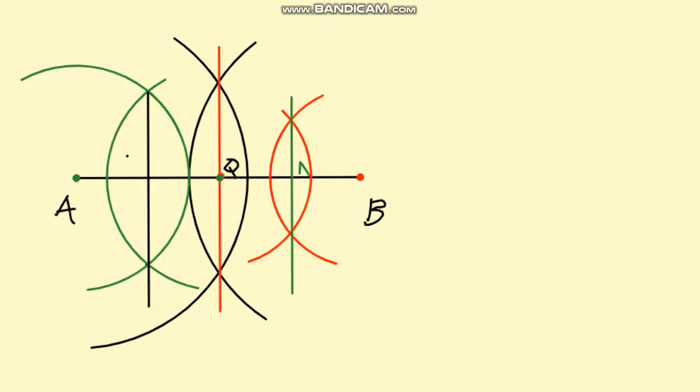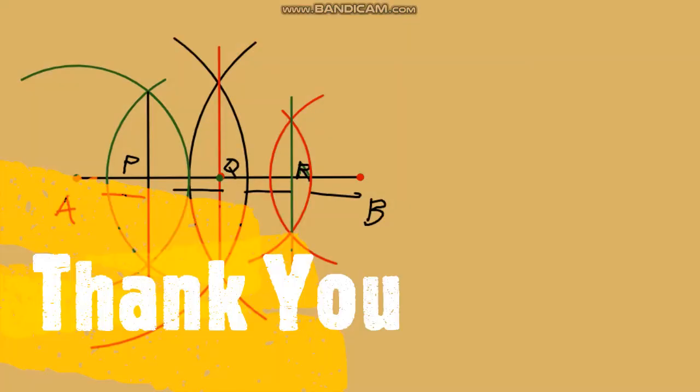This is your P, this is your Q and this is your R. And you can see that AP, PQ, QR and RB are equal. AP is equal to PQ, PQ is equal to QR and QR is equal to RB. This way you can do the construction without drawing parallel lines.